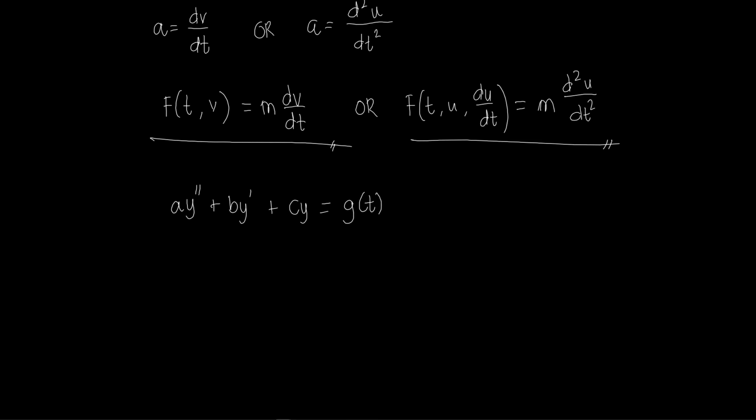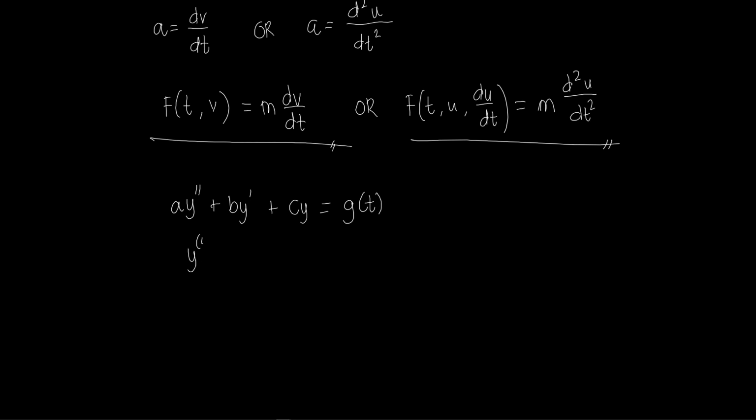So, another form siya using prime, ito yung magsisymbolize for the derivative. Since double prime ito, this is second derivative. Ito is first derivative. Okay, so pwede din ganyan yung pagkakasulat.